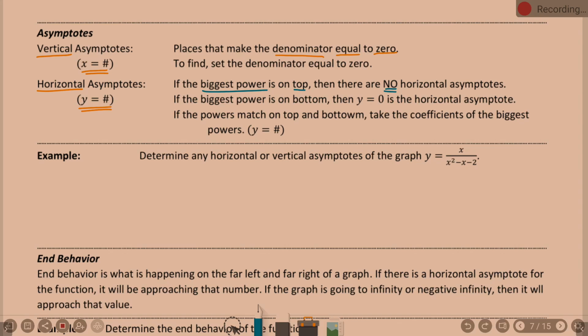But there's no horizontal asymptote if the biggest power is on top. If the biggest power is on bottom, then y equals 0 is the horizontal asymptote. For example, x squared over x cubed has the bigger power on bottom, so you have the horizontal asymptote y equals 0.